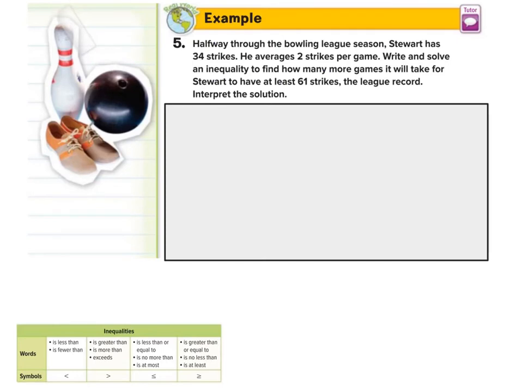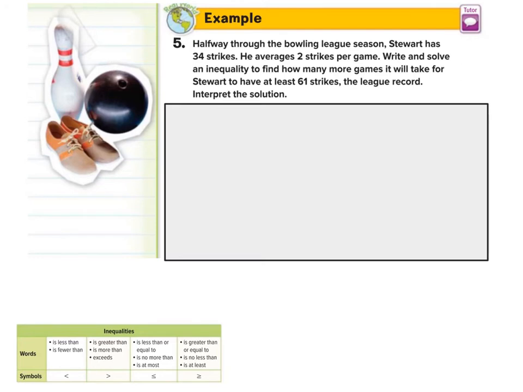Example 5. Halfway through the bowling league season, Stuart has 34 strikes. He averages 2 strikes per game. Write and solve an inequality to find how many more games it will take for Stuart to have at least 61 strikes, the league record.